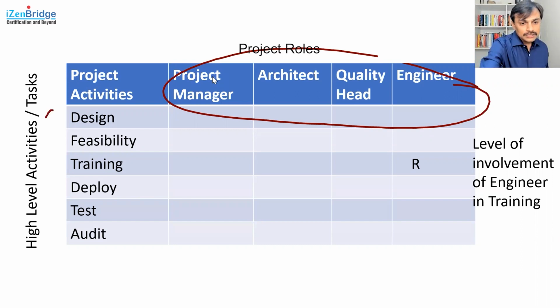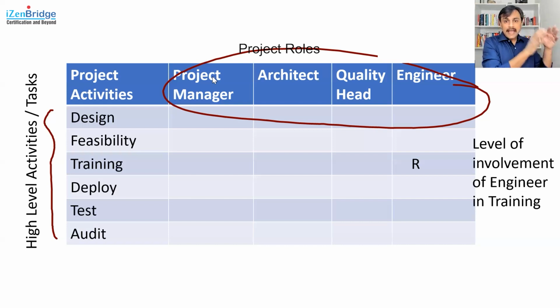Now we think about rows. The rows are usually the act: the decisions, the activities, the tasks people do. Now, RACI Matrix may not cover all the project tasks, but high-level things which are important to understand the roles and responsibilities of various individuals.